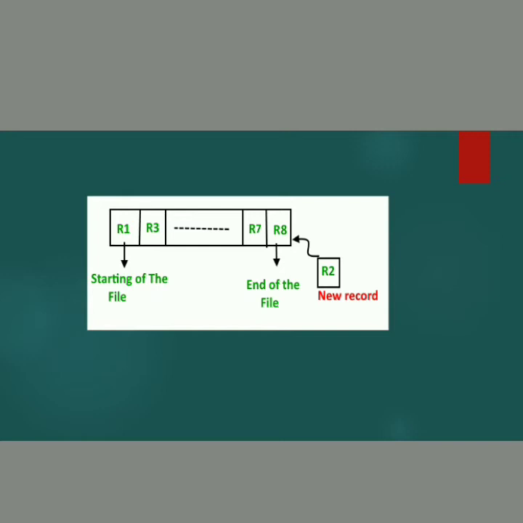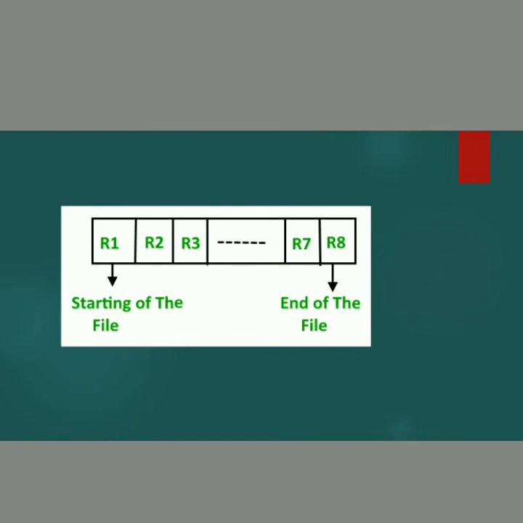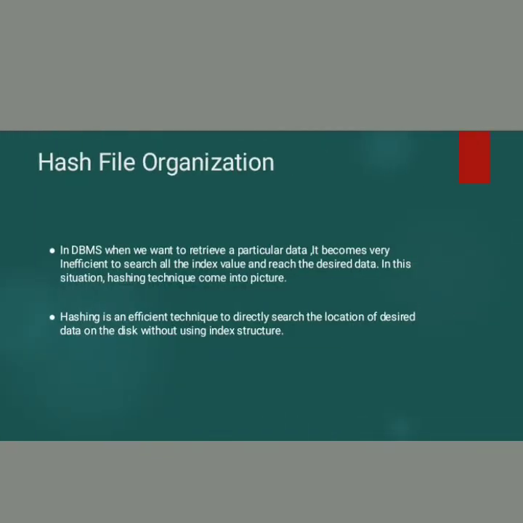Then it is first put at the end of the file, and after that the records are placed sequentially, meaning R1, after that R2, after that R3 and so on. So this method is called the sorted file method.